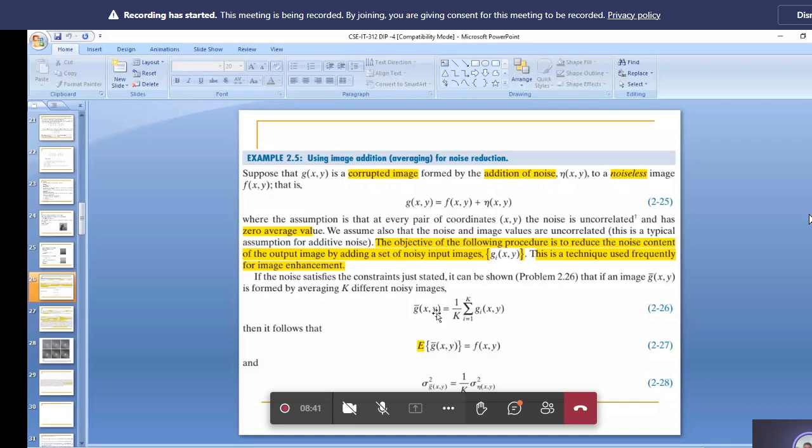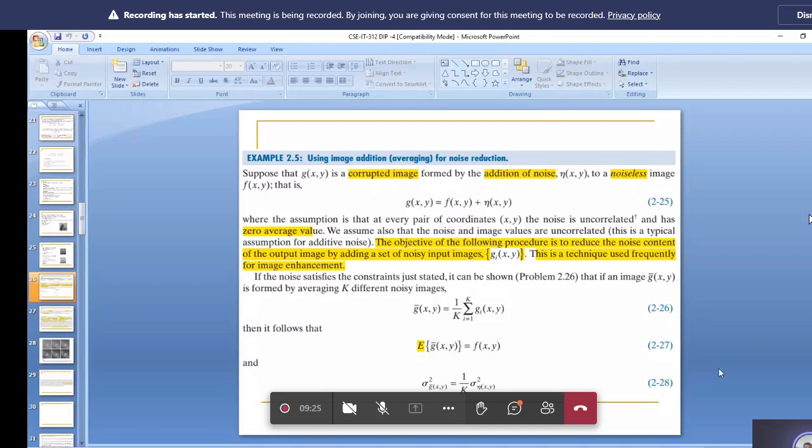Then E of g bar of x comma y is equal to f of x comma y. The expectation of this gives the input image which we have initially, f of x comma y.